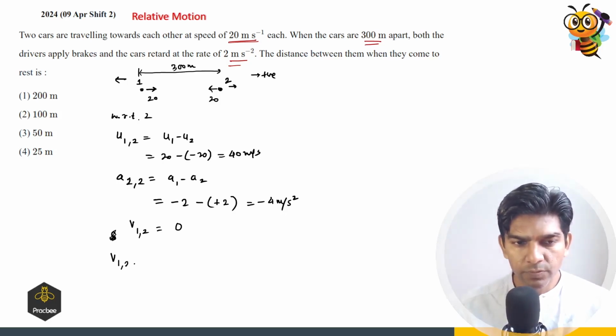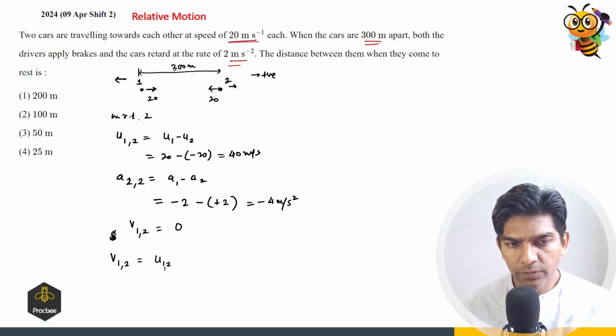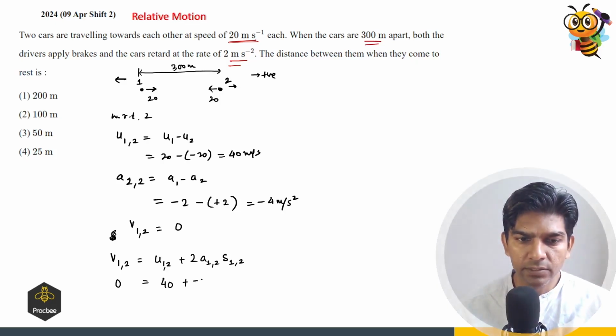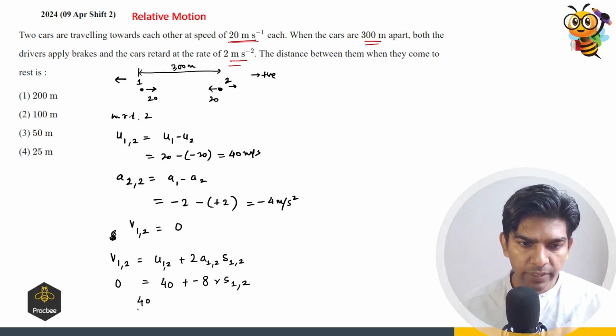So velocity of 1 with respect to 2 squared equals initial velocity of 1 with respect to 2 squared plus 2 times acceleration of 1 with respect to 2 times displacement of 1 with respect to 2. So this will be 0, and it comes out to be 40, and acceleration is minus 4, so that will be minus 8. So this will be s of 1 with respect to 2. So it will be 40 by 8, so displacement of 1 with respect to 2 is 5 meters.